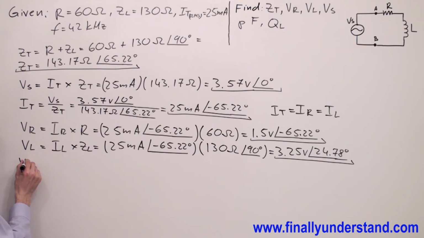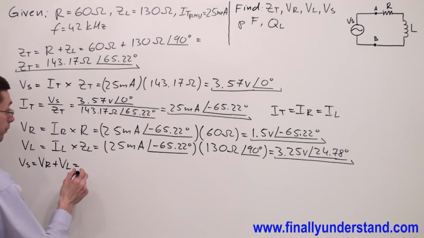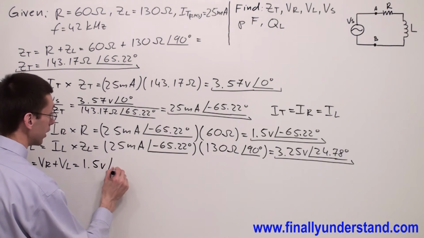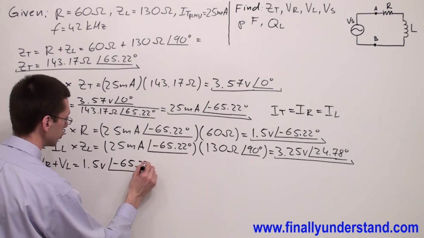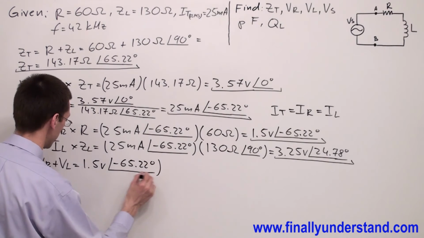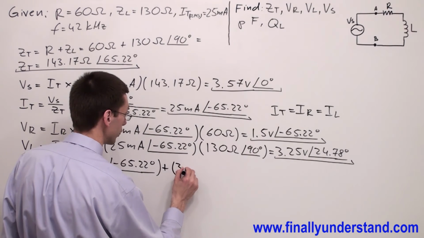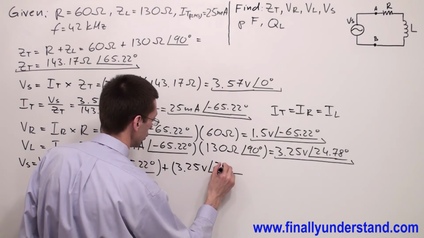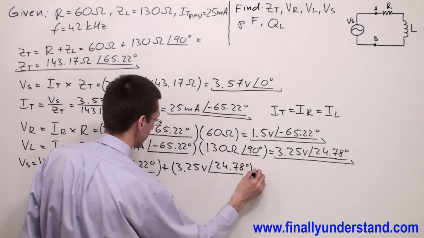So we have voltage source is equal to VR plus VL, where VR is equal to 1.5 volts and angle of negative 65.22 degrees, plus 3.25 volts and angle of 24.78 degrees.